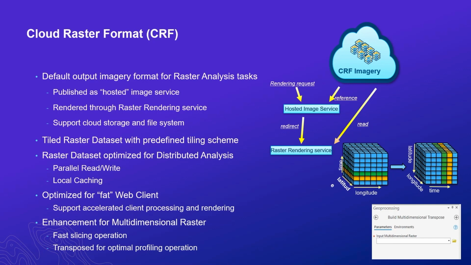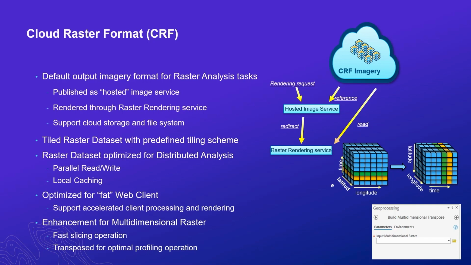So let's take a close look at this cloud raster format. What is it? It is the default output imagery format for raster analysis tasks. Whatever you're creating and saving, it uses CRF to do that and publish it. It gets published as a hosted image service, and it is displayed using the raster rendering service.